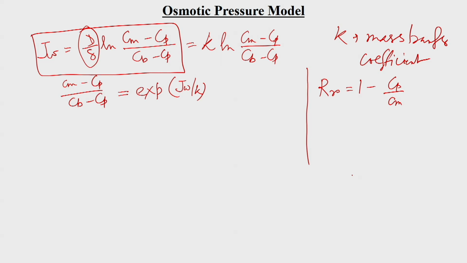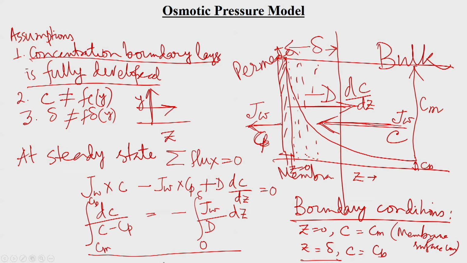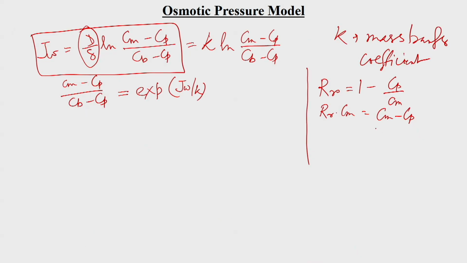So, from there RR into Cm is equal to Cm minus Cp. Here we can put Cm minus Cp as RR into Cm. So, RR into Cm by (Cb minus Cp) is equal to exponential of Jw by k.